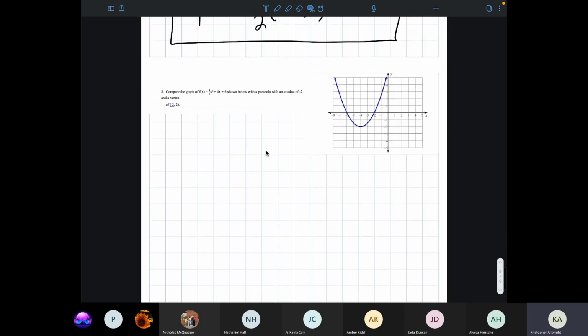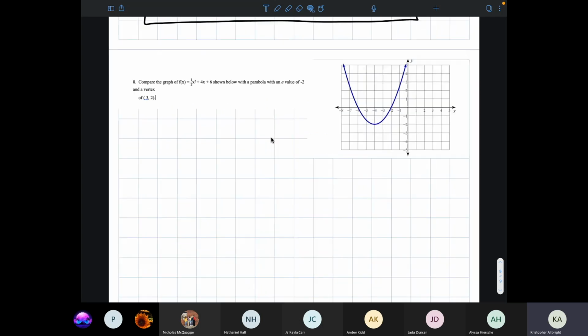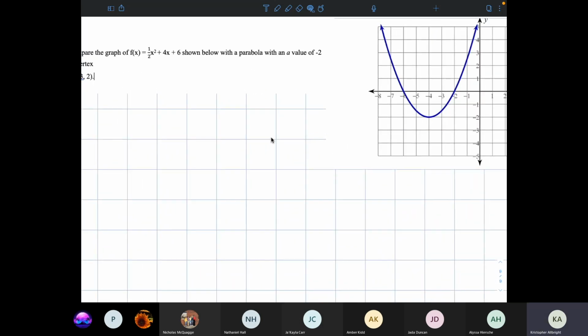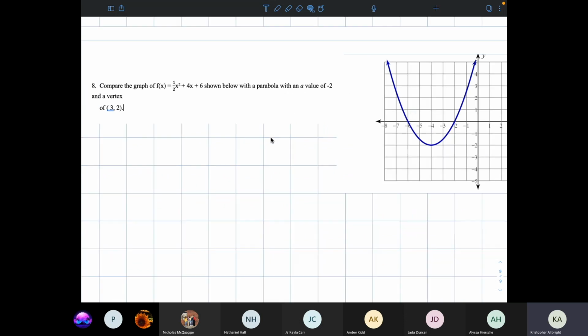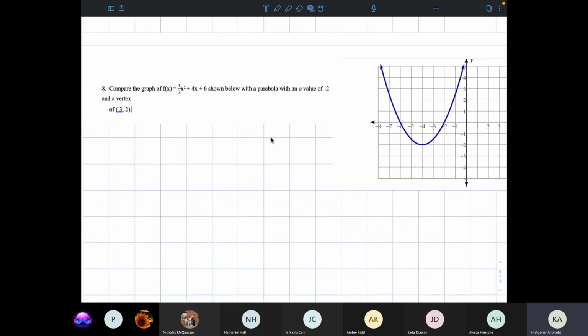Okay. So we compare the graph of this to one with an a value of -2 and a vertex of 3, 2. So we have to write the equation for the second one.